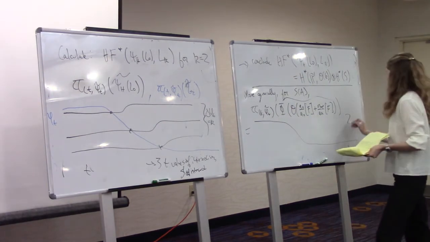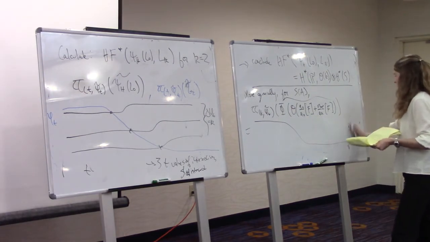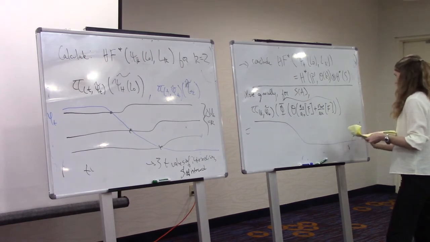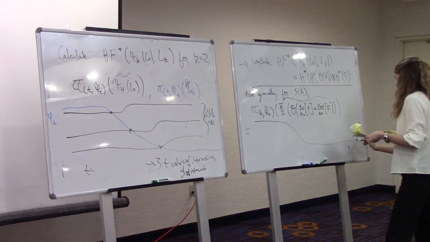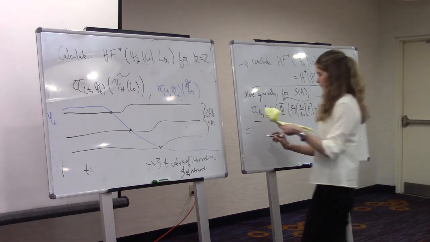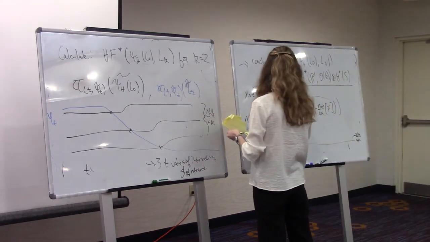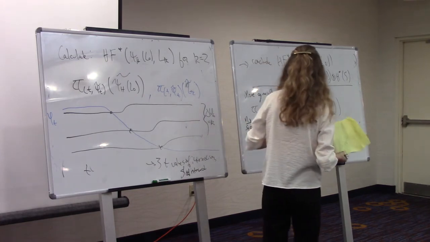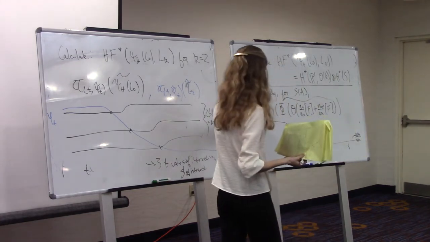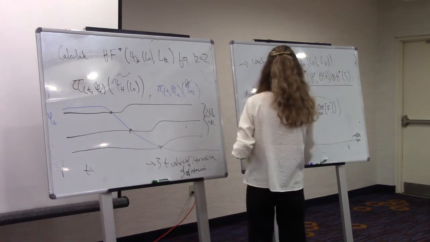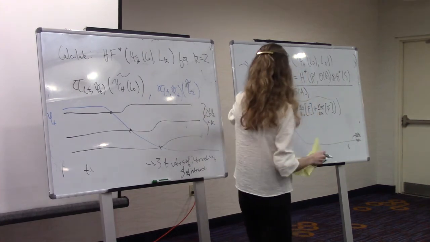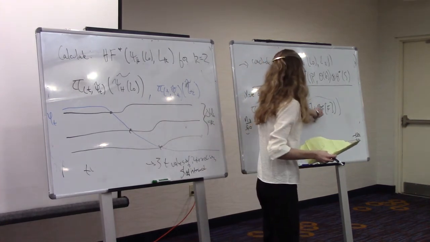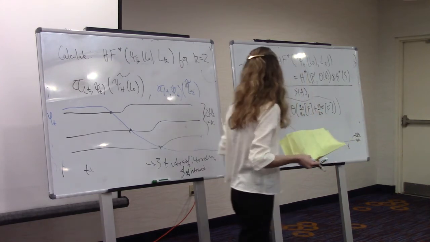And this total delta t will be negative N_infinity A_infinity, and then this will be N_0 A_0. And this delta phi will be N_0 A_0 plus N_infinity A_infinity.